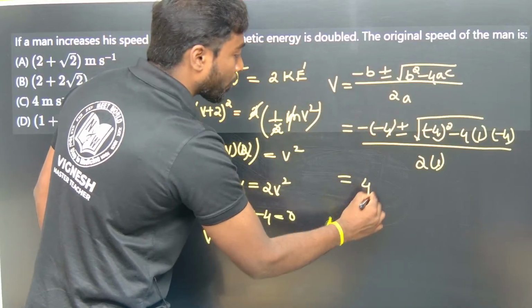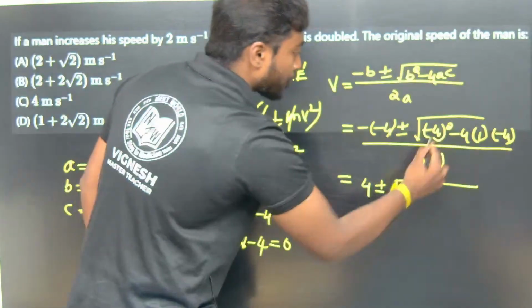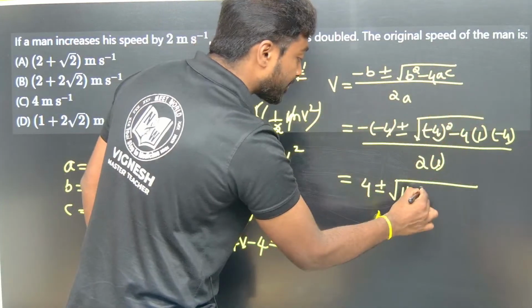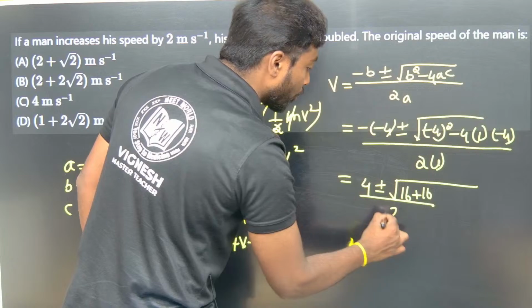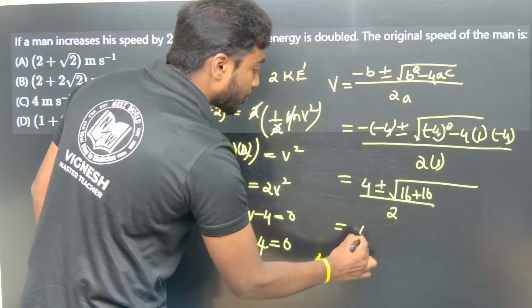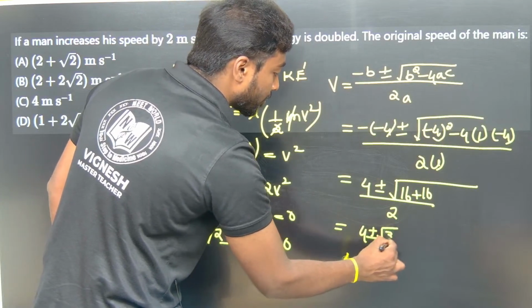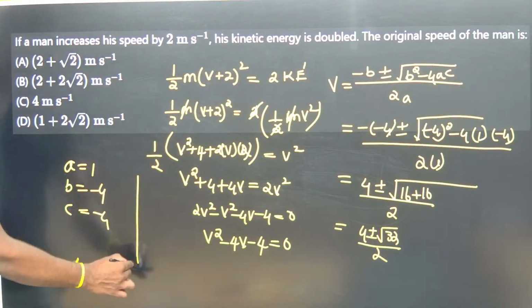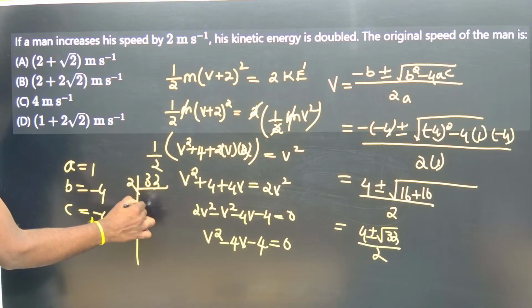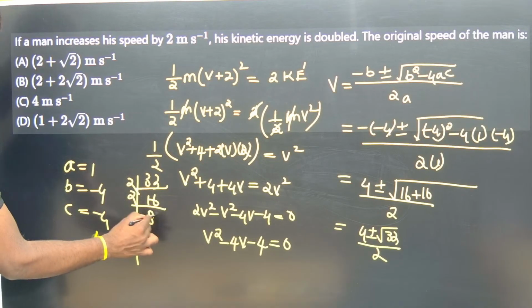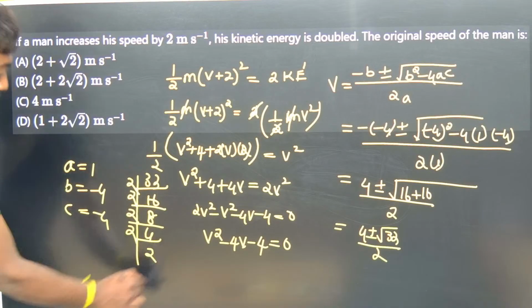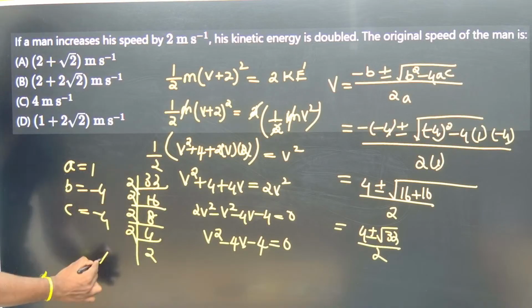This is 4 plus or minus root over 4 square is 16 plus 16 divided by 2, which equals 4 plus or minus root 32 divided by 2. 32 can be written as 2 into 4 root 2.